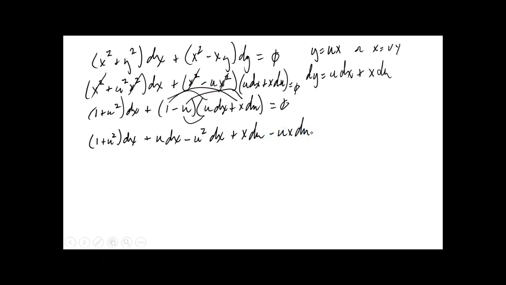Did I do it right? And that's equal to 0. Okay? Now, let's get all the dx's on one side, and the du's on the other side. So this is going to be a 1 plus u squared plus u, right, minus u squared, whoa, look at that, dx. What do you notice there?